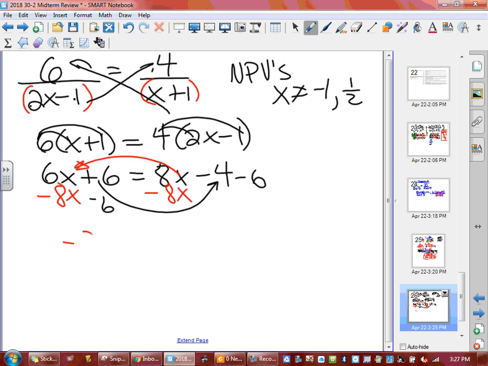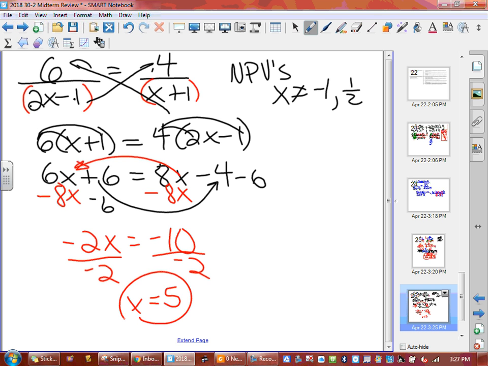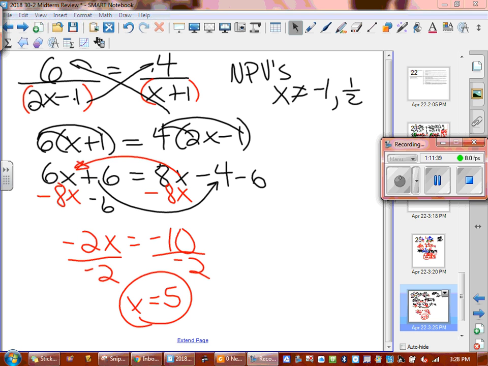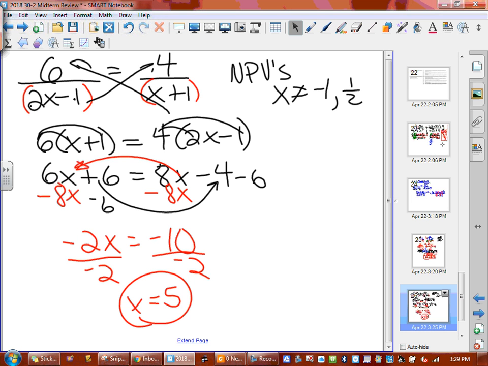We're going to get negative 2x equals negative 10. And we're going to divide by the negative 2. x equals 5. Okay? That concludes lesson or unit 2. So now we've got unit 1 and 2 done. Okay, unit 3.